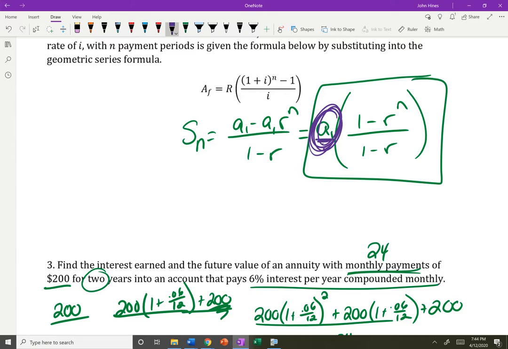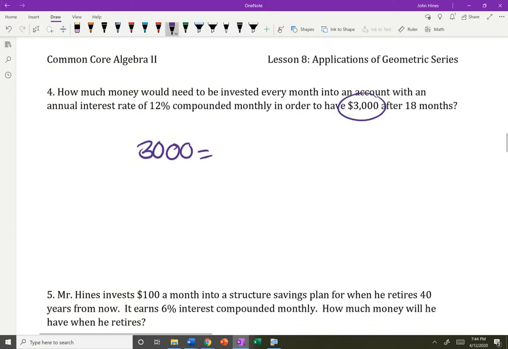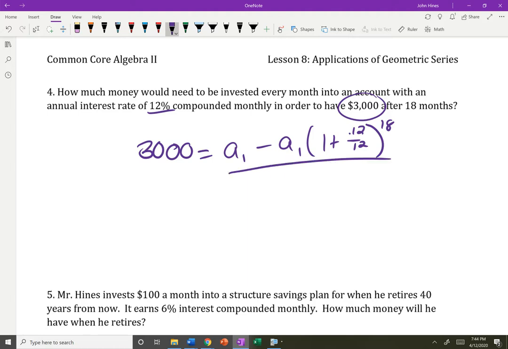So that's why I'm going to use this version of the formula. A1, that initial amount, minus, actually, I'll use the formula that I gave you the first time. The ratio is 12% compounded monthly. 18 months went by. All over 1 minus the ratio.